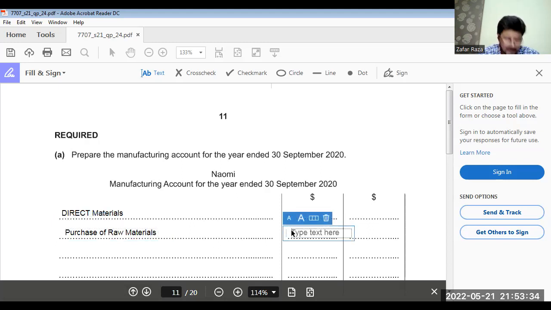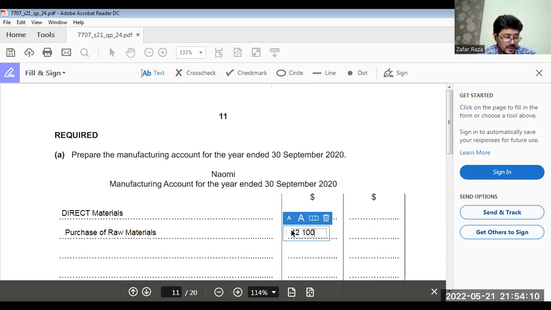The amount of purchase of raw materials is 42,000. Now we do not have purchase returns. Any adjustment for purchases? No. Nothing. So what do we have to do?